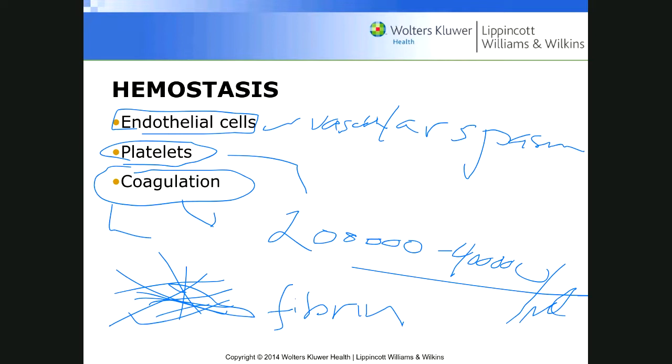A thrombus can move around, and when it moves around it is known as an embolus. And an embolus can clog a small blood vessel, which can lead to an embolism, for example.